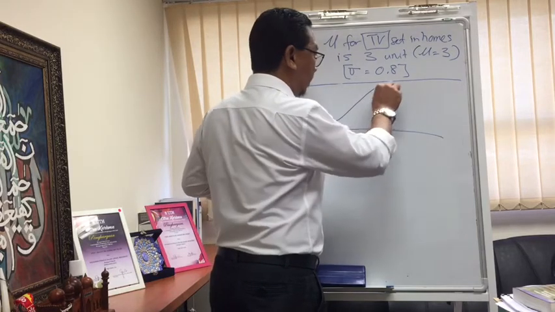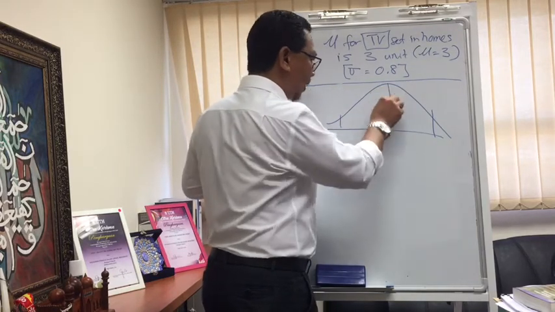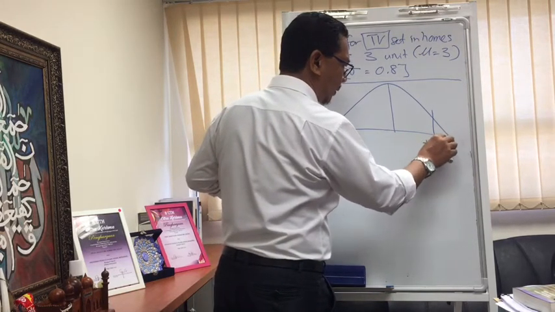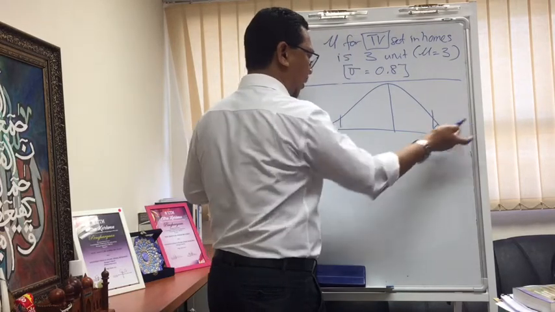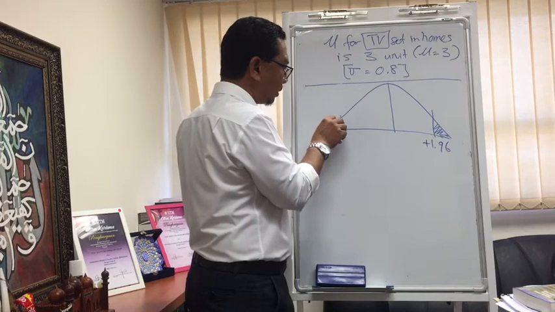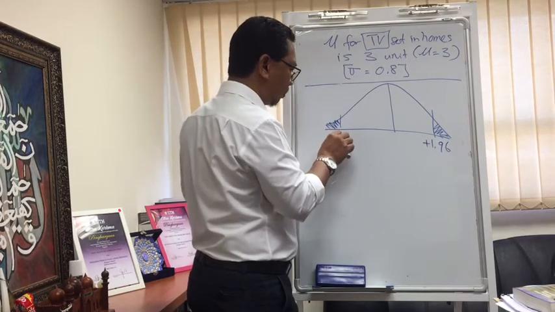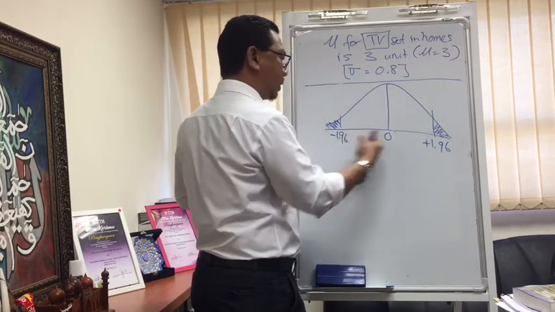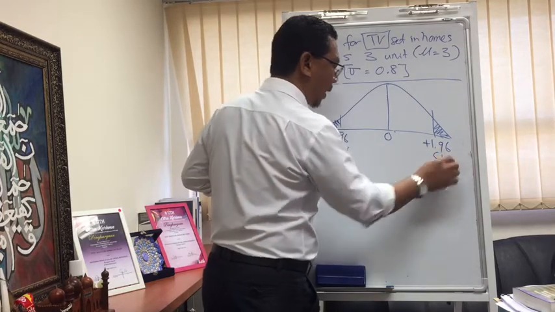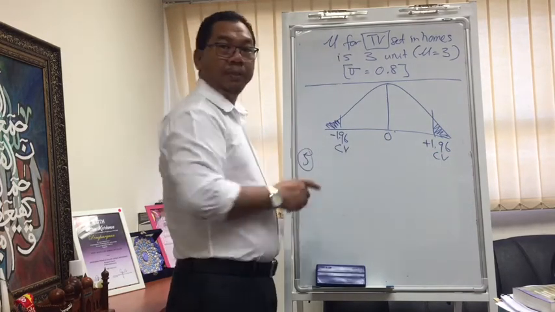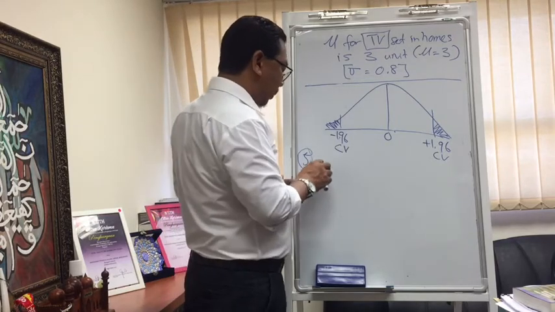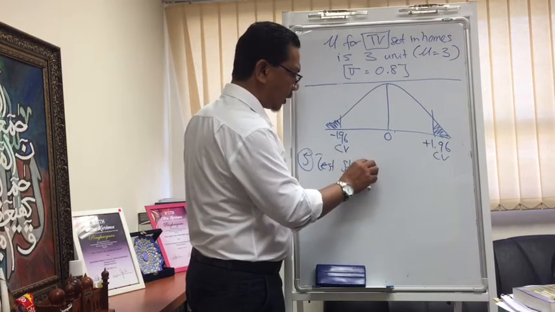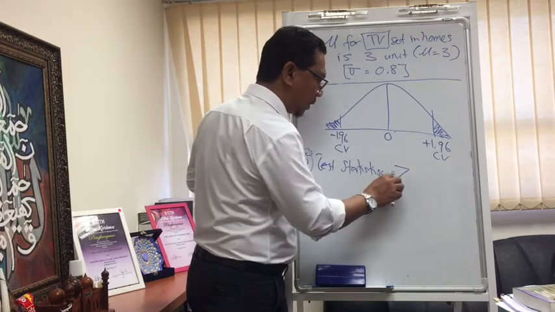These are the critical values from the table: Z plus 1.96, minus 1.96, and in the middle 0, with the non-acceptance regions at the tails. Now step 5, we calculate the test statistic. This is the formula.